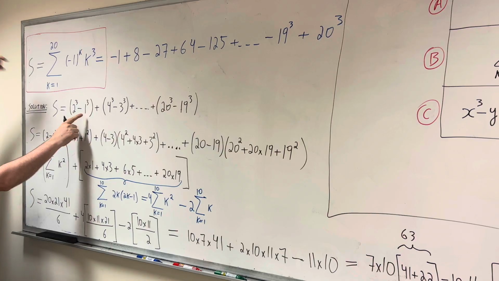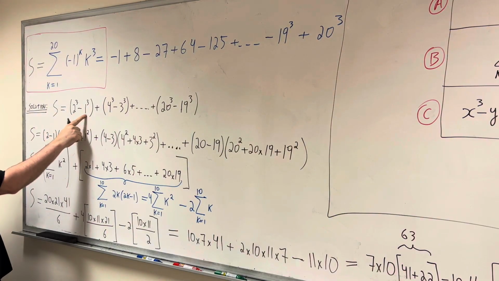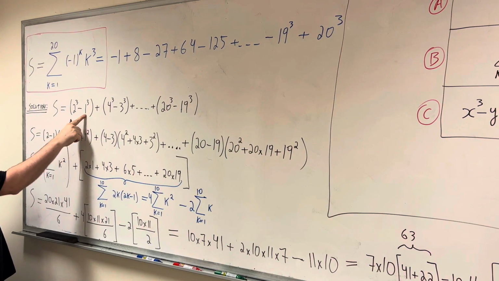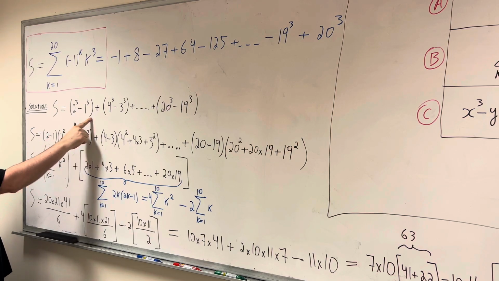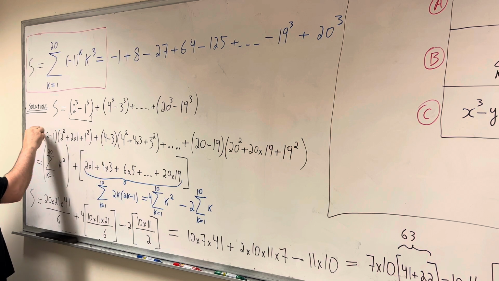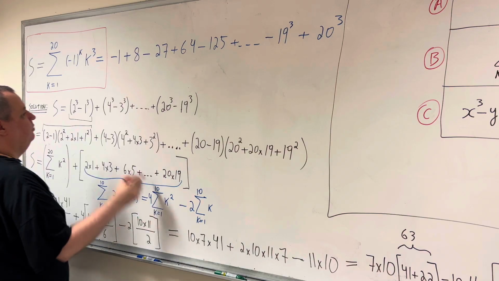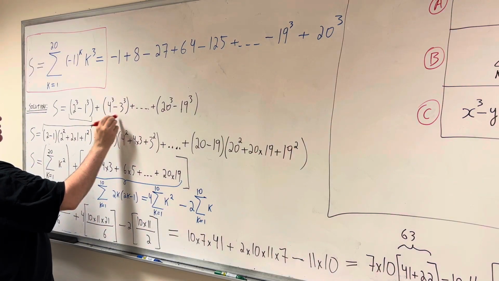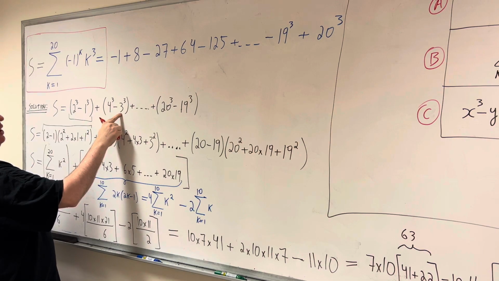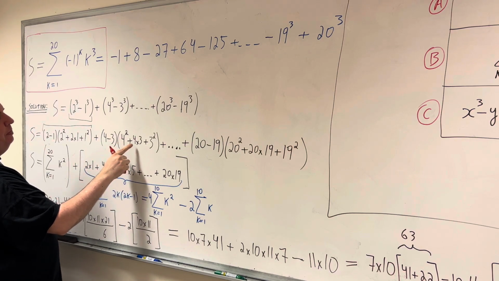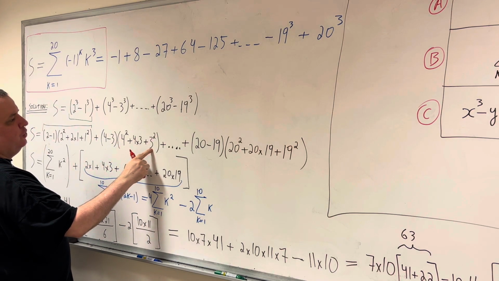So the difference of 2 cubes is x minus y times x squared plus x times y plus y squared. Okay? So 2 is the x, y is 1 in this case. So this bit here is this bit here. Now, 4 cubed minus 3 cubed. x is 4, y is 3. x cubed minus y cubed equals x minus y, multiplied by x squared plus xy plus y squared.